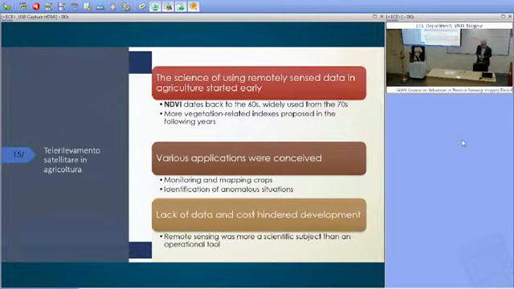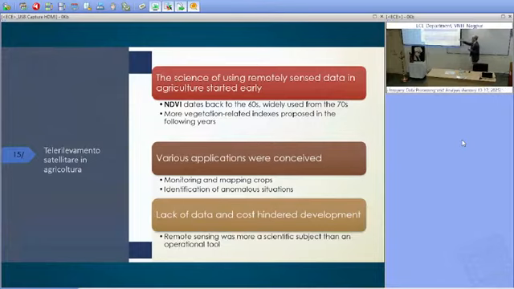But the problem was that lack of data and cost did not permit the development of operational systems. So the science was there, but the data was not sufficient. Data was too scarce and too costly, and did not permit the development of real applications. Now, why did I tell you about the growth of data?